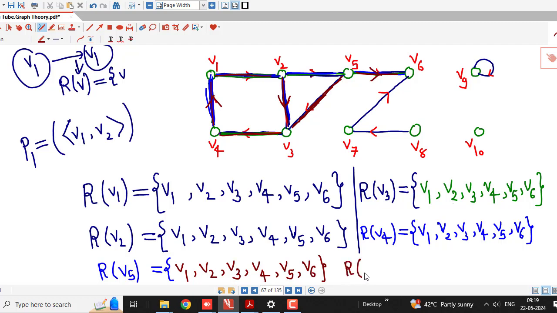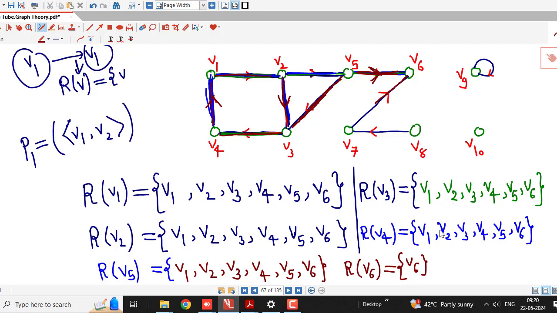Now we check for v6. For v6 we can see there is no edge coming out of v6. There are two edges which are going into v6, but there is no edge coming out of v6. That means no node is reachable from v6 except v6 itself.